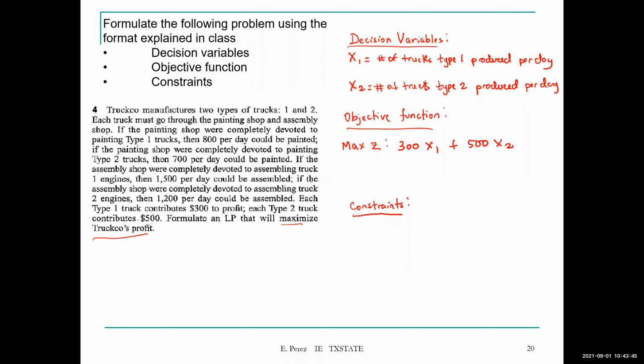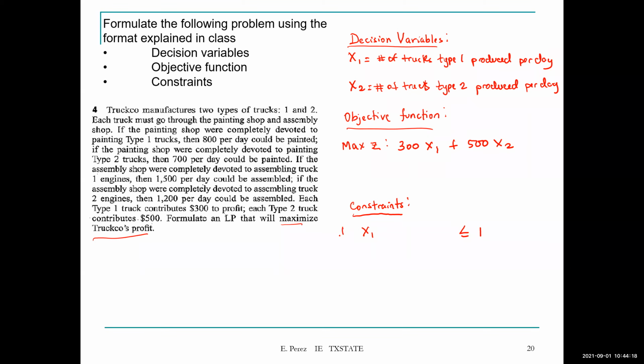So the way you will go about that is for X1, let's say we are looking at the paint shop, you're going to have 100% available. I'm using 1 representing 100%. And then I'm going to associate a fractional number to X1. That fractional number is going to be based on how many trucks you can get painted if you devoted 100% of the station to that product.